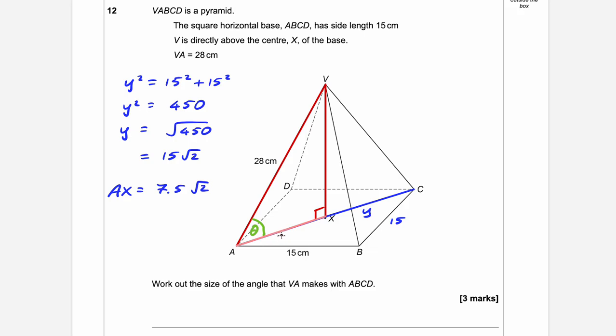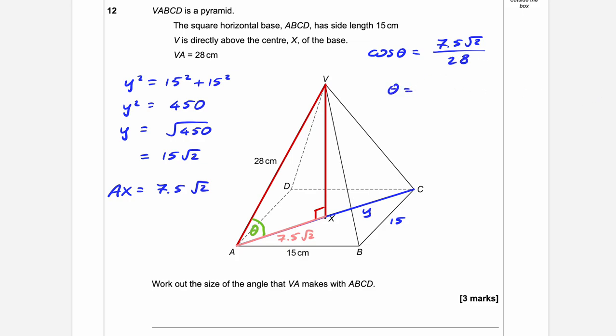This length is 7.5 root 2. Now I can use my triangle, SOHCAHTOA. I can say the cosine of theta is adjacent, that's my 7.5 root 2, over hypotenuse, which is 28.